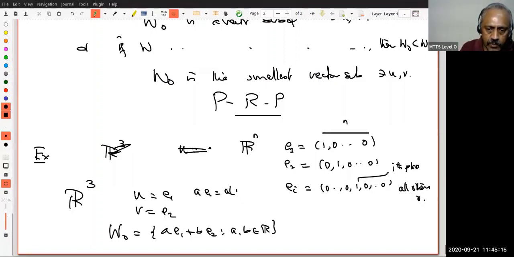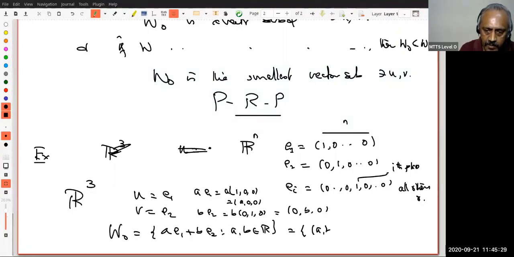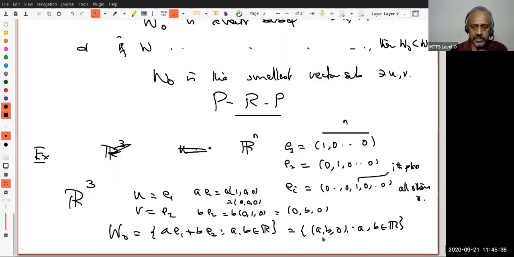That is A times 1 0 0, which is A 0 0. And B times E2 will be B times 0 1 0, which is 0 B 0. Therefore, what is their sum? The sum is A B 0, as A and B vary over R. The Z coordinate is always 0.